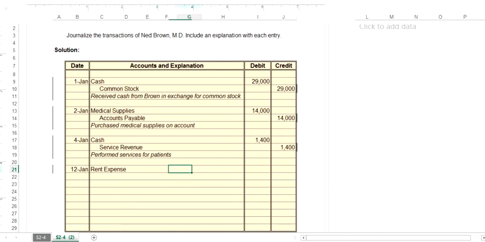And in this case, we're using up cash. So we have rent expense of $2,600. And anytime you give up cash, you have to credit cash. So we're going to credit cash for $2,600. And our brief explanation can be that we paid the monthly rent.